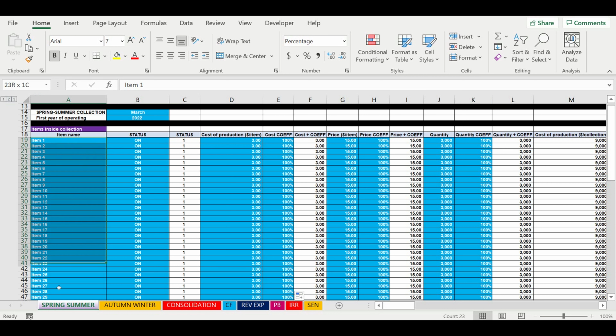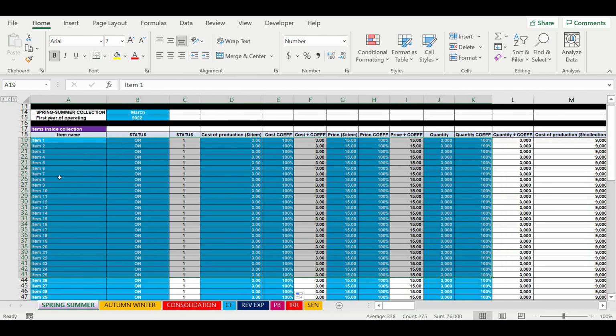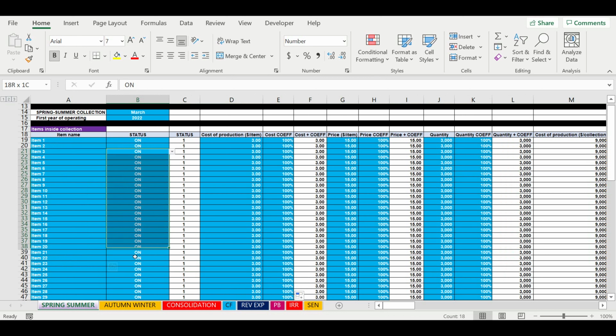And we also have a coefficient to the quantity, so we can play with all this data very quickly and see the financial results. So this block describes the names of items. We can switch different items on and off. We can increase and decrease the cost of production. We can increase and decrease pricing. We can decrease the quantity that we are going to sell.